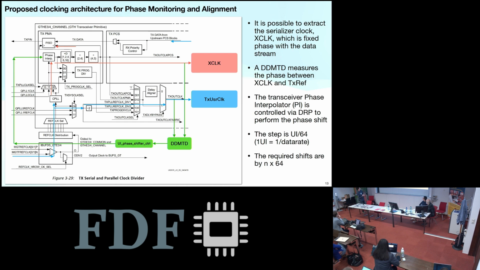And so we just need to provide a control to the phase interpolator, which is an integer number of 64th-of-UI shifts. And in this way, we achieve a perfect phase shift of exactly what we want.